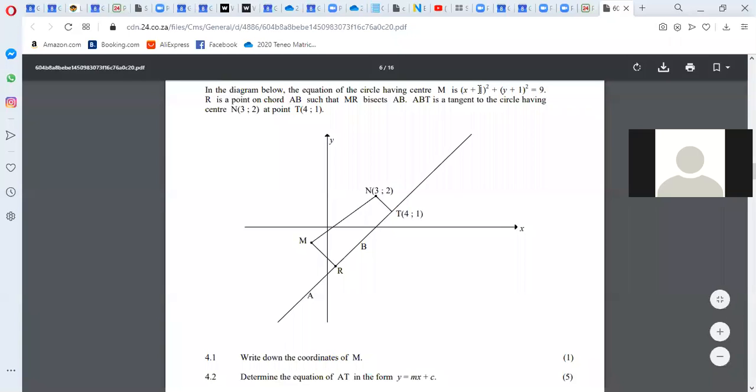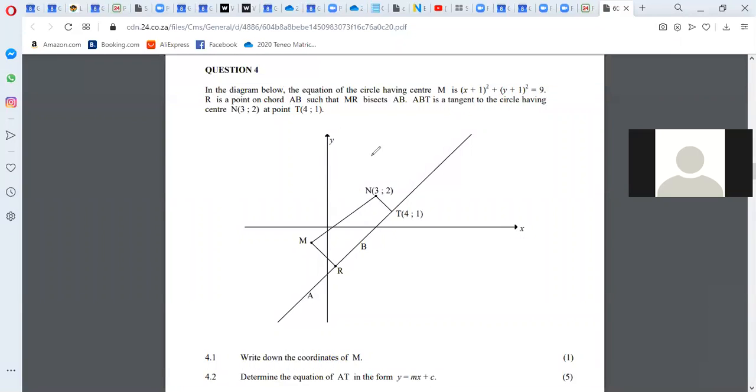Right. In the diagram below, the equation of the circle having center M is that. Now, immediately when you see that, you must know that that is the standard form for the equation of a circle. And from the standard form, you can write down the center and the radius.